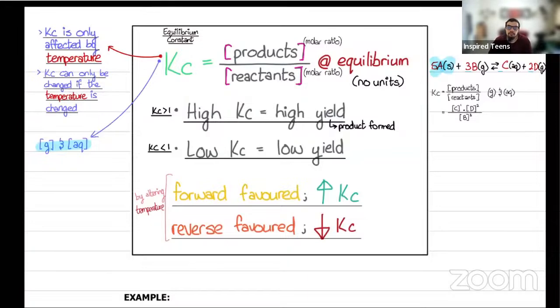Okay, cool. Electrochemistry, okay. And electricity.